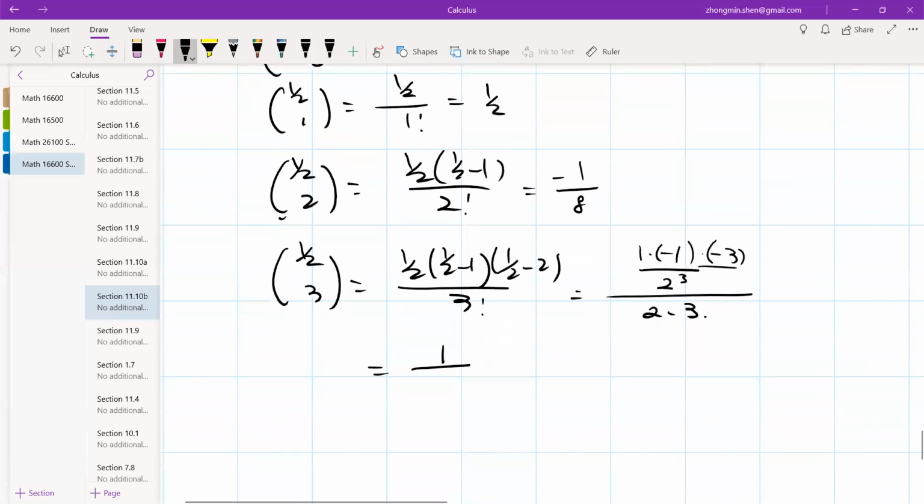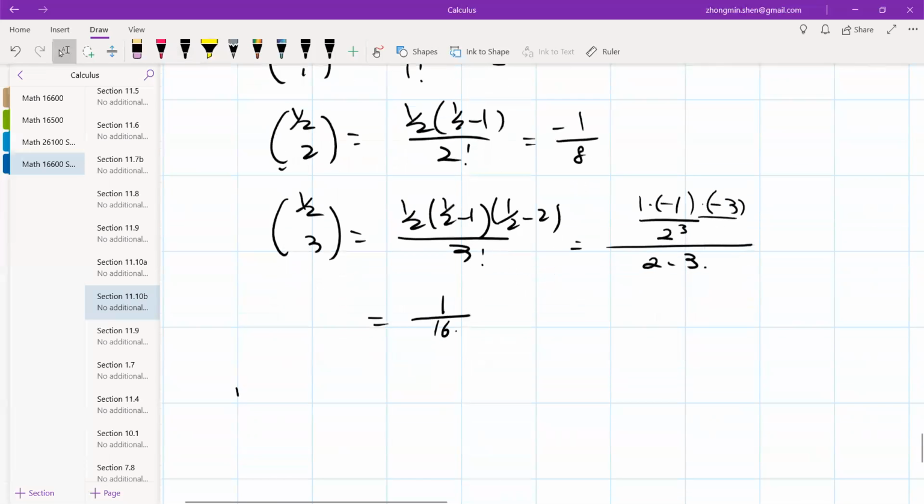It's positive 1/16. So it's interesting to see that it's plus, yeah.